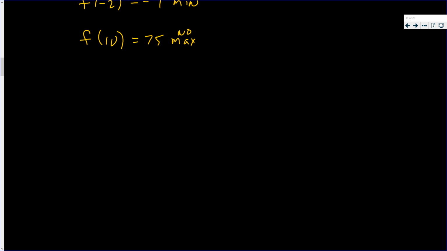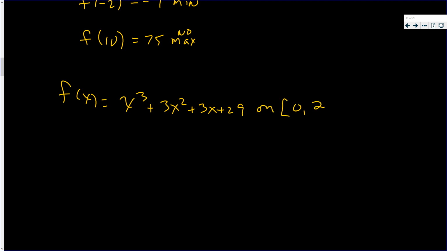So suppose you're told that f of x is equal to x cubed plus 3x squared plus 3x plus 29 on [0, 2), open at 2. We want to find the extreme values, the highest and the lowest. So we have to find the critical values. f prime of x is 3x squared plus 6x plus 3.